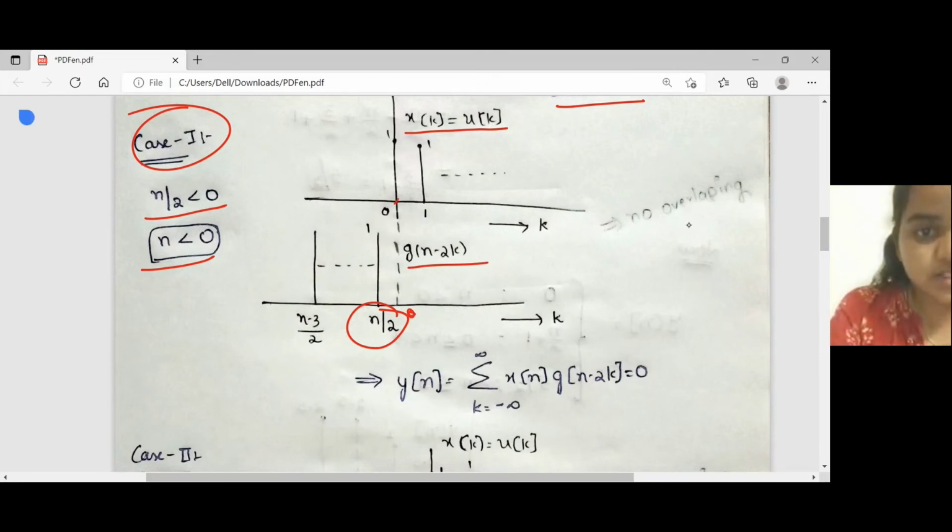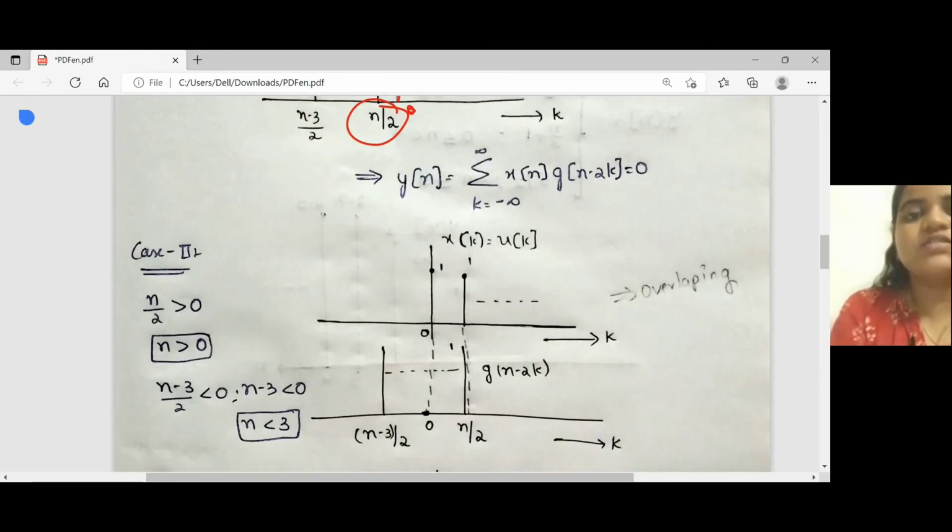So there is no overlapping between these two graphs. Therefore, the y function y of n is equal to the summation from k equals minus infinity to infinity of x of k z of n minus 2k, which is equal to 0.